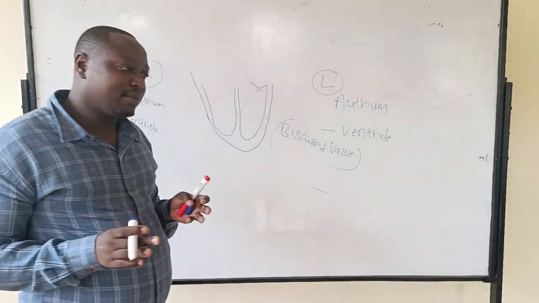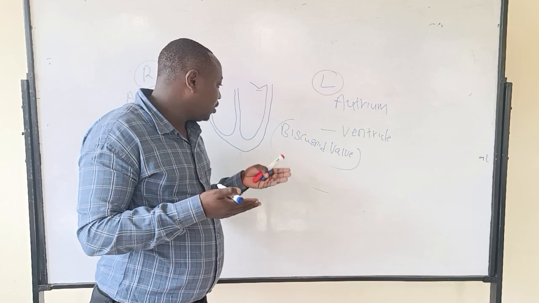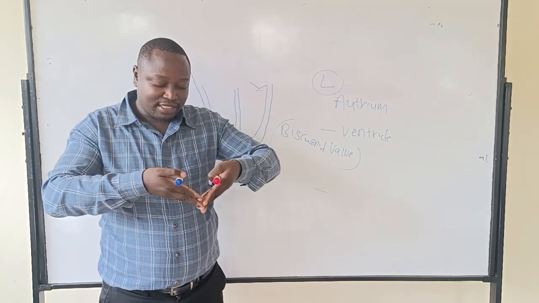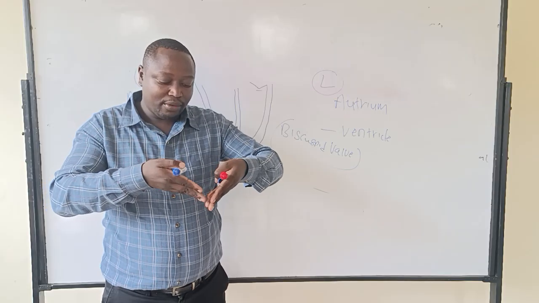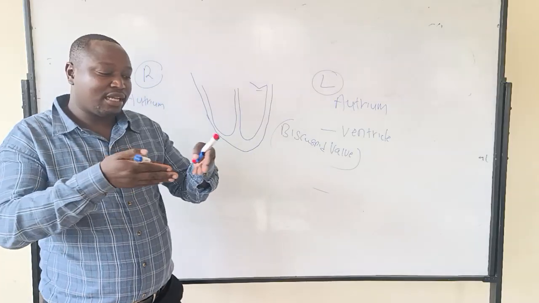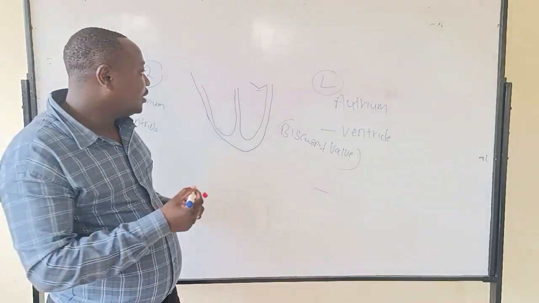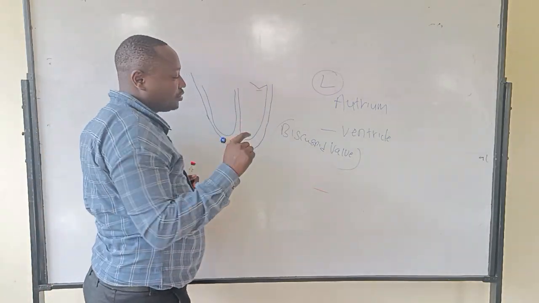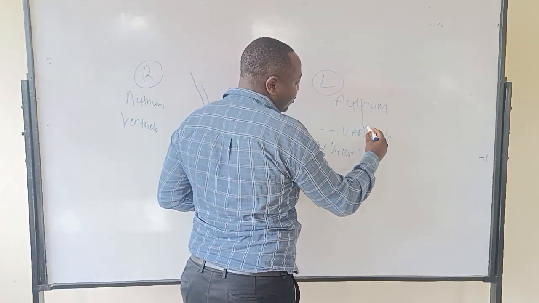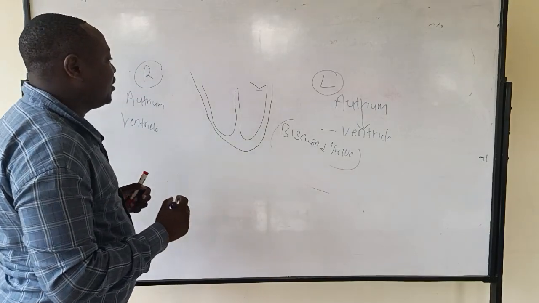This is because it's made up of two cusps, which are facing downward, so that it allows blood to flow in only one direction. It can only allow blood to flow from the atrium to the ventricle.